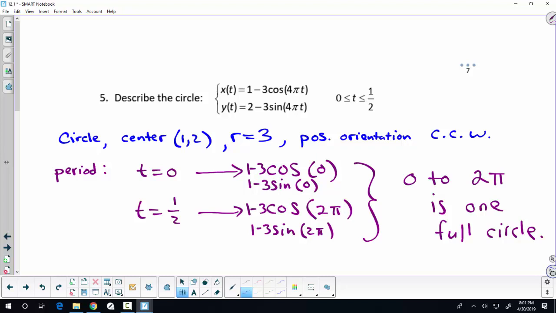The conversion is identical to what we did in that last example. Any questions on that? Does that make sense?